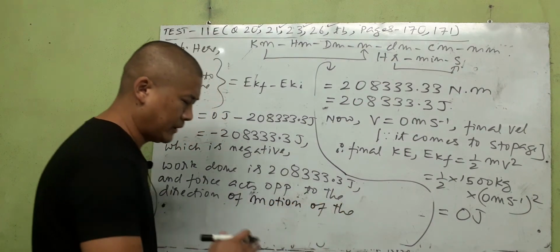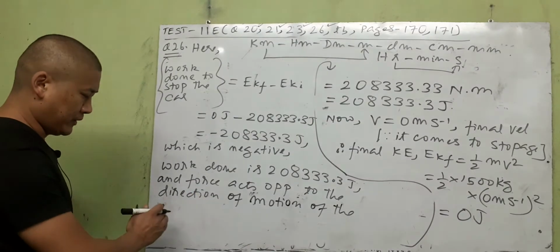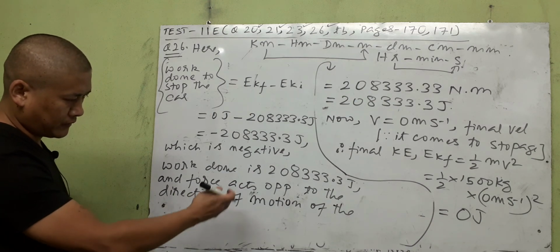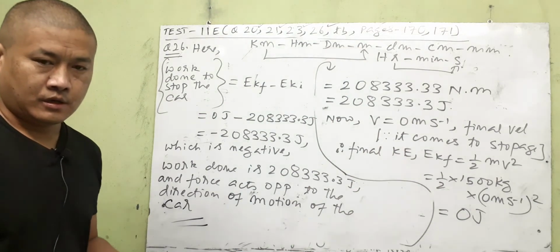That means the force applied by the brake will be acting opposite to the movement of the car to stop it, right? The negative clearly indicates that. So that's our answer. I hope you got it right.